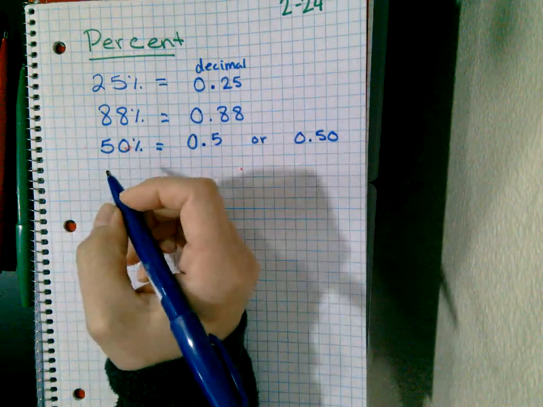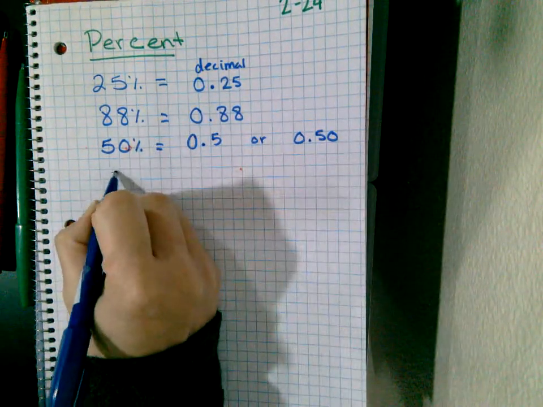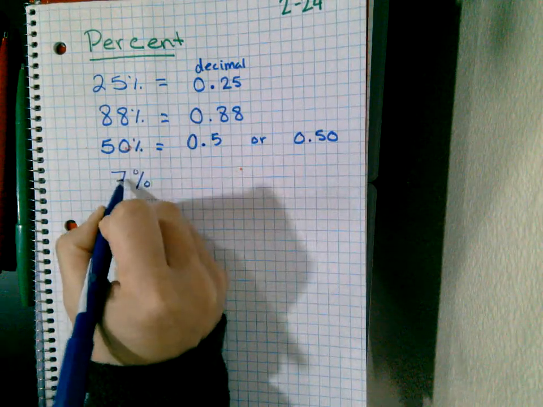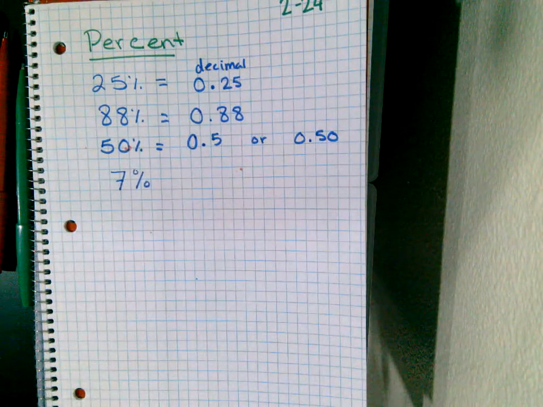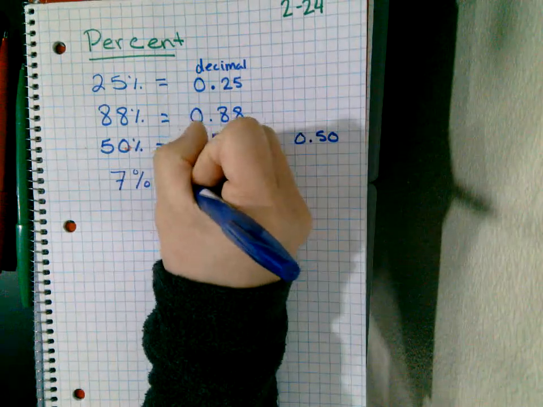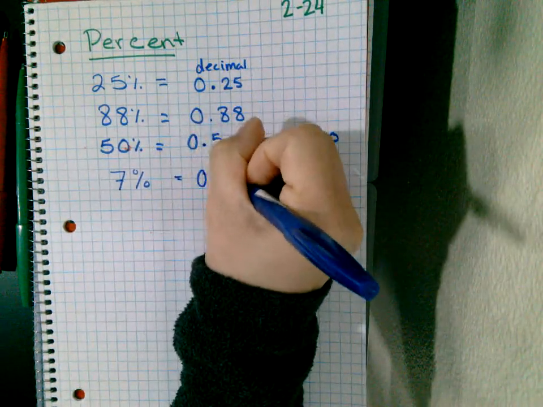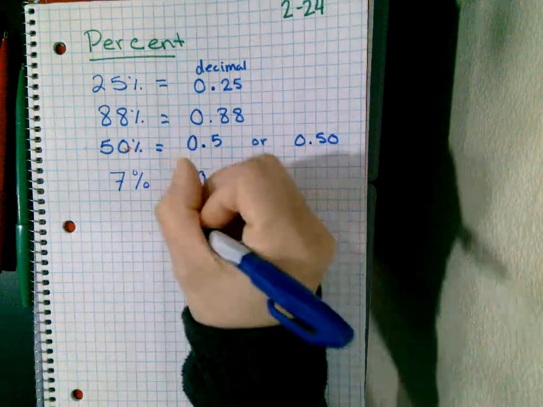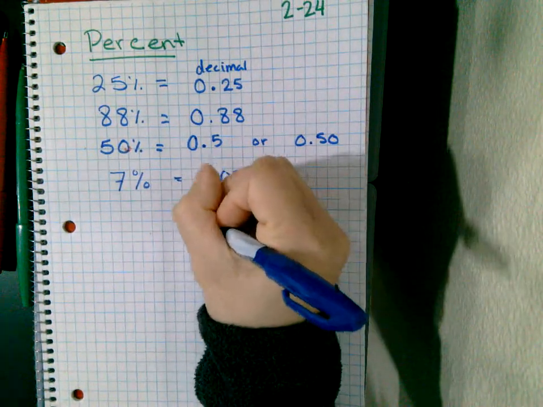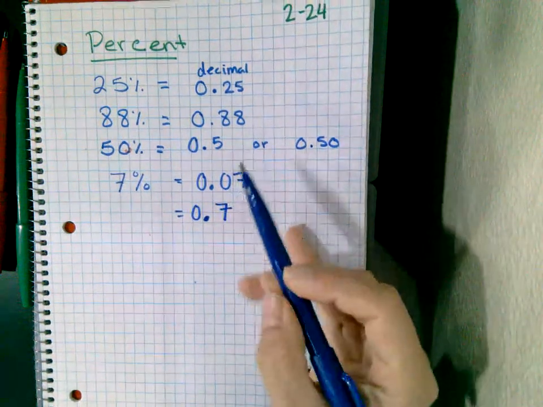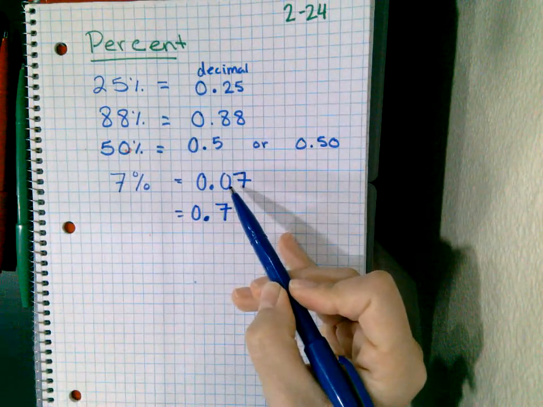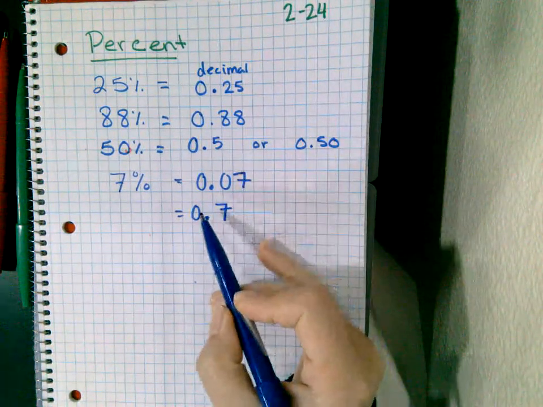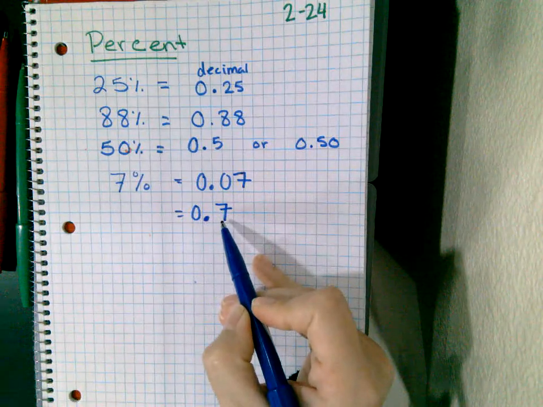Now, kids have a hard time with this one. 7%. 0.07. Yes. But what do kids do? Kids will write 0.7, right? They'll not write this 0 down.